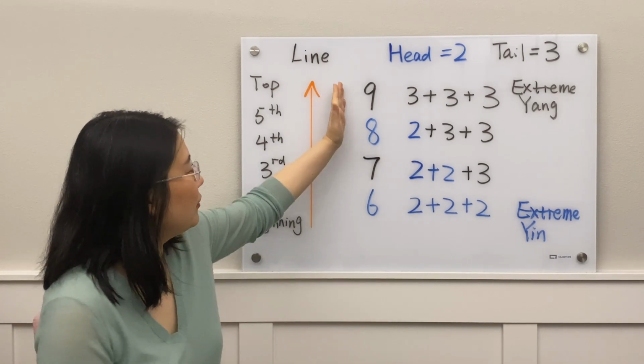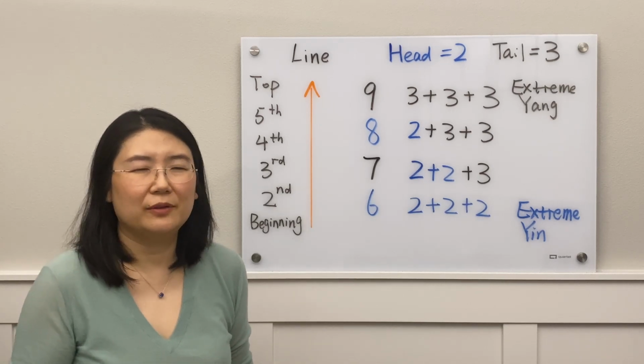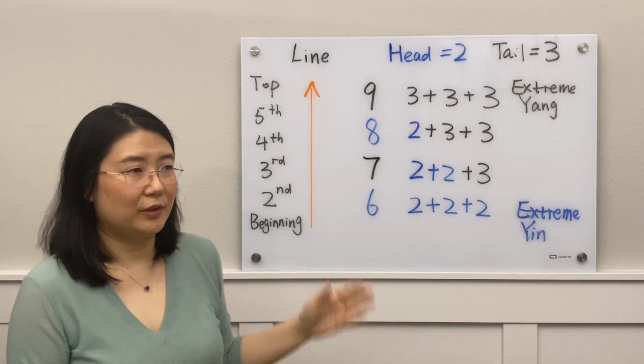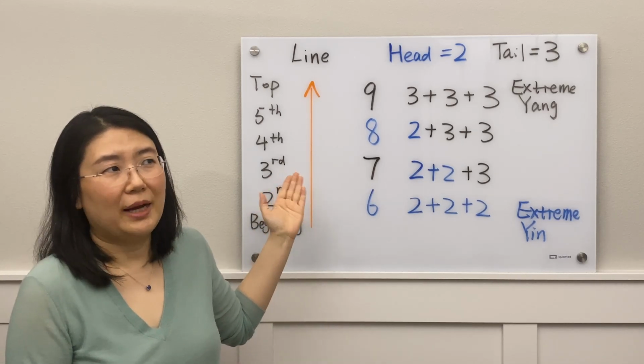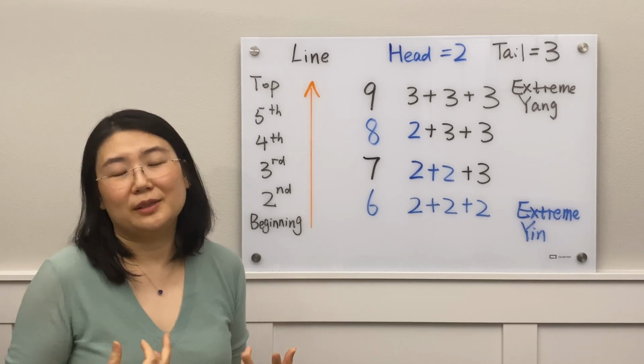But in terms of the 4 major outcomes, you might ask, why would you mess with 4? The whole goal is to have yin or yang for each line. I only need 2 possible choices to pick from.